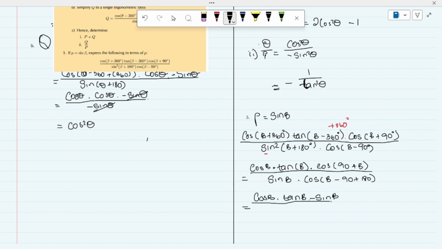Alright. So it's going to be sine squared beta plus 180. So we had said it's going to be sine squared beta, right? Because this here it's squared, right?